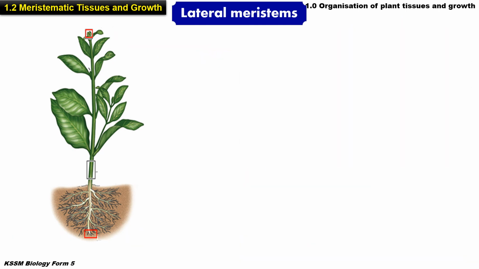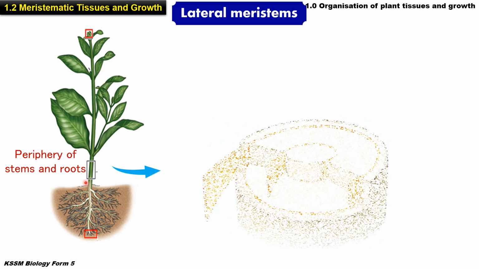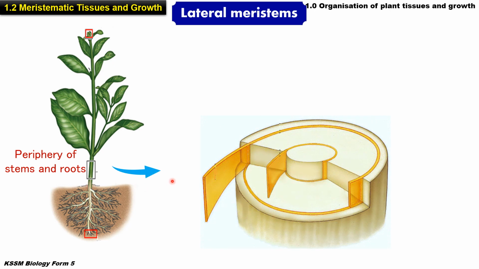Apa dia? Lateral meristem. So lateral dekat mana? Bahagian stem. Okay, this is the diagram. Kalau kita potong the cross section, let's say we cut and then we observe the cross section. This one, yang warna kuning dekat bahagian luar sikit ni, is cork cambium.